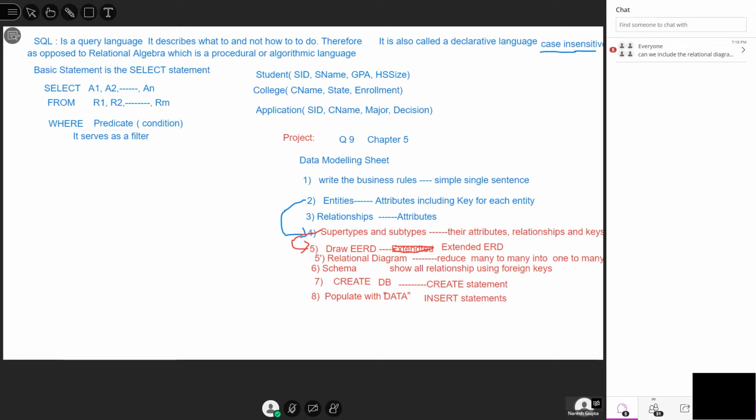And then you can come up with 10 queries, and you can run these queries. You're going to submit all the things you have done in a report.